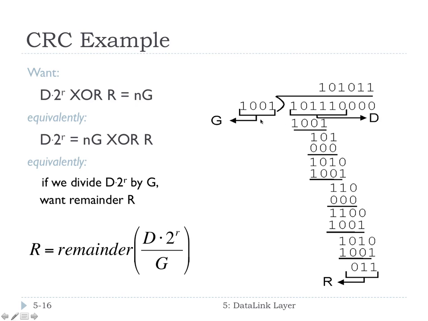Then the generator does not go into 101 because a 4-bit number in this arithmetic is always bigger than a 3-bit number. So that's why I put a 0 here. Next, we know it's going to fit once we bring down the next bit, which is this 0 here. Bring it down.